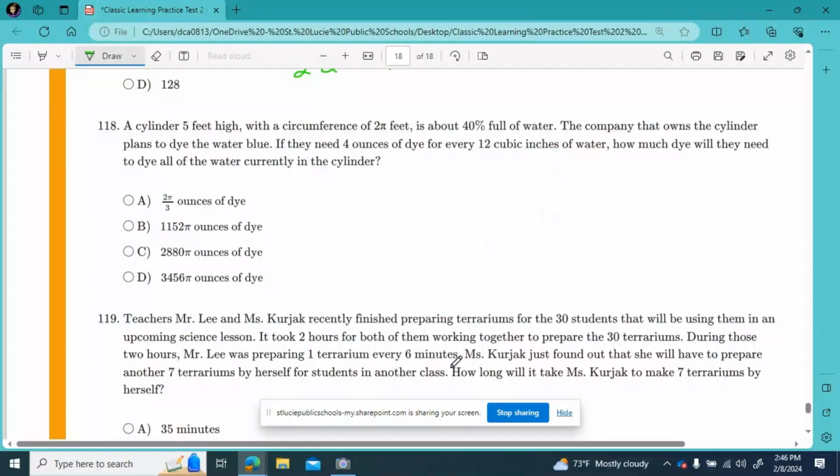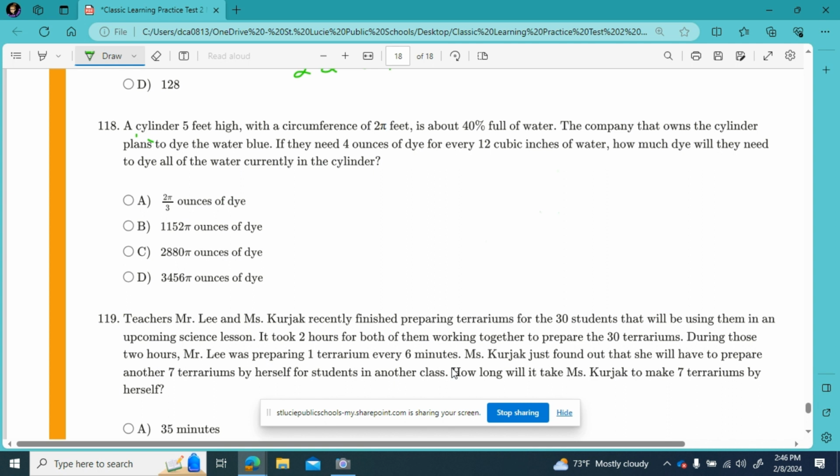All right, guys, we are on CLT practice test number 2, math question number 118. It says a cylinder 5 feet high with a circumference of 2 pi feet is about 40% full of water.